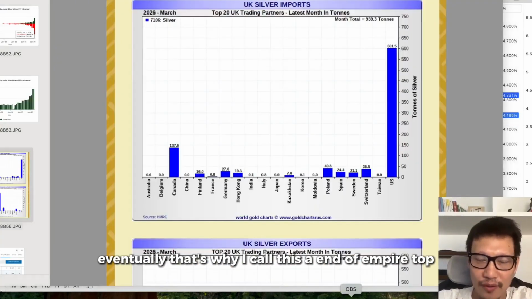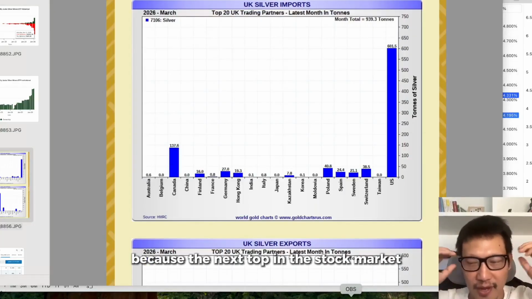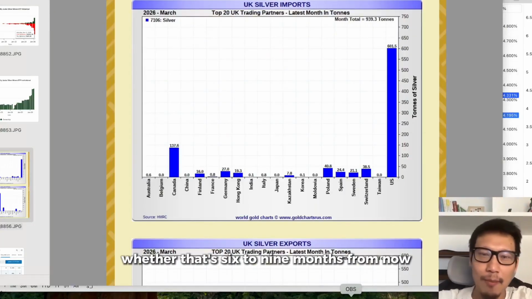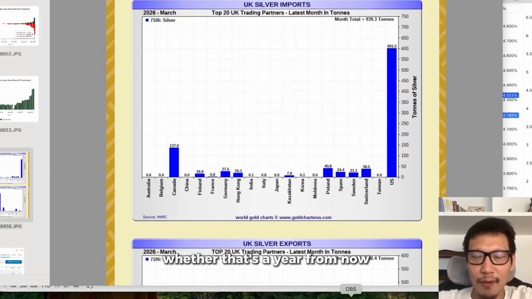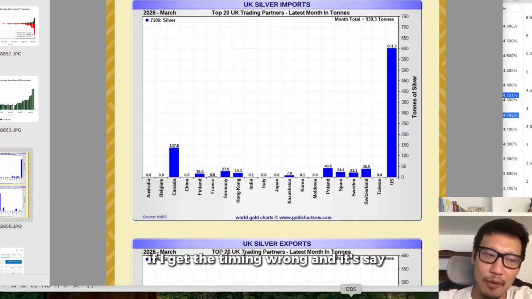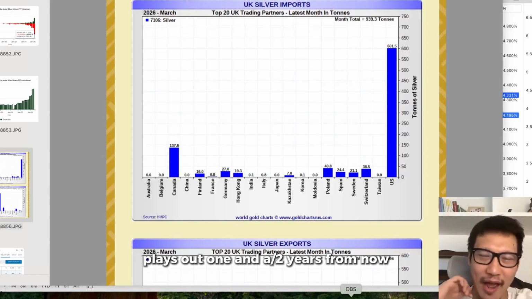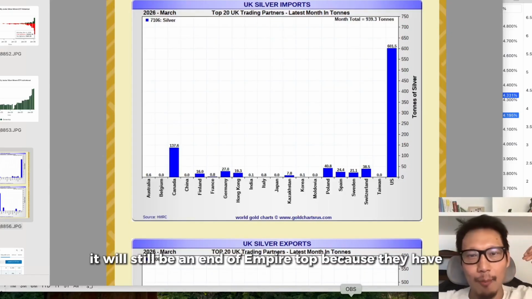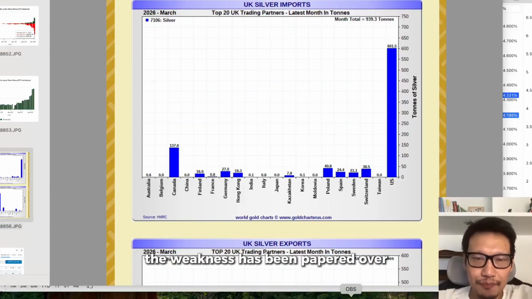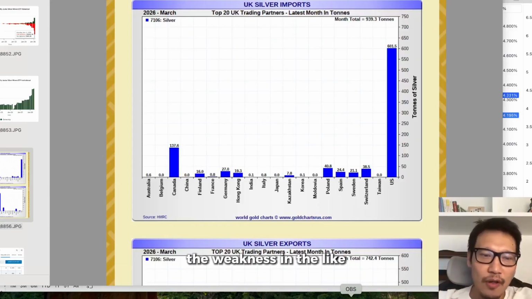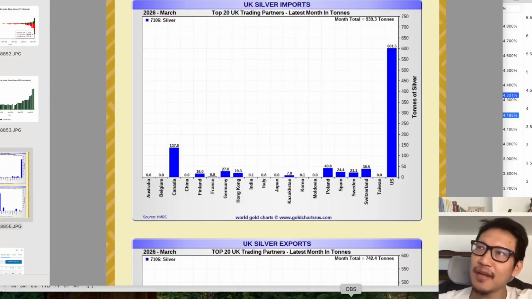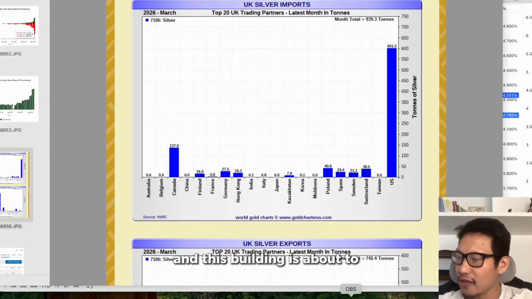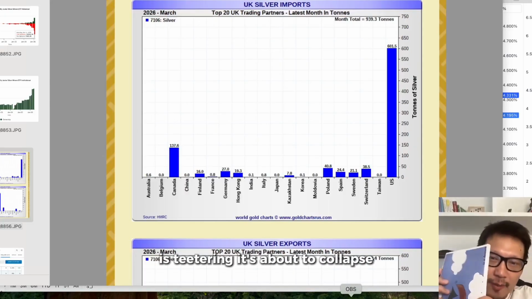Eventually, that's why I call this an end of empire top, because the next top in the stock market, the next crash, whether that's 6 to 9 months from now or a year from now, say if I get the timing wrong and it plays out 1.5 years or 2 years from now, it will still be an end of empire top, because the weakness has been papered over. Imagine if a building has a lot of termites, and this building is teetering, it's about to collapse.